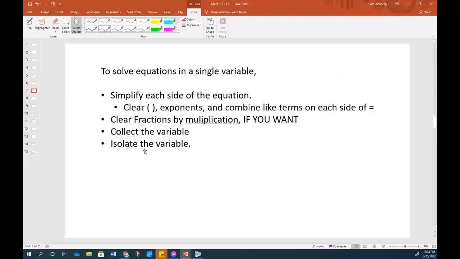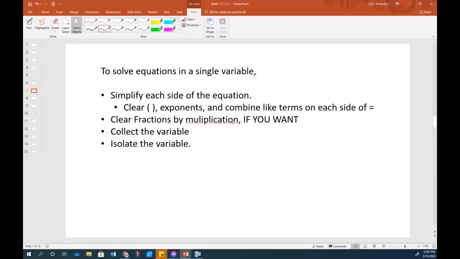Now, these are the steps, and I've already done this some. Simplify each side of the equation. If they have parentheses or exponents, and they don't always have them, you want to take care of those and then combine your like terms. Like terms is what you're dealing with the most.